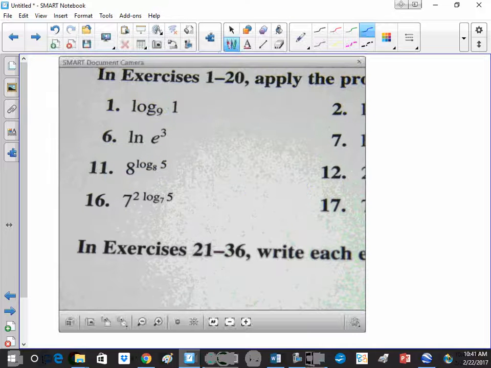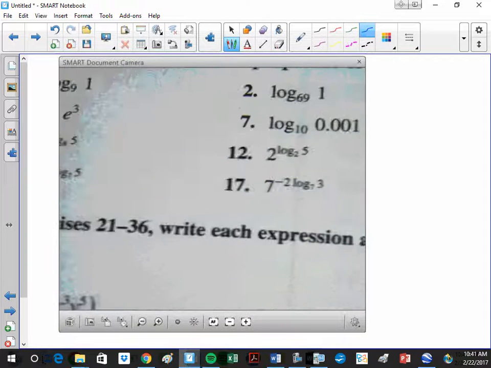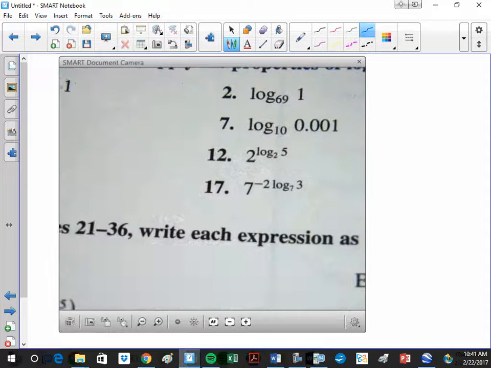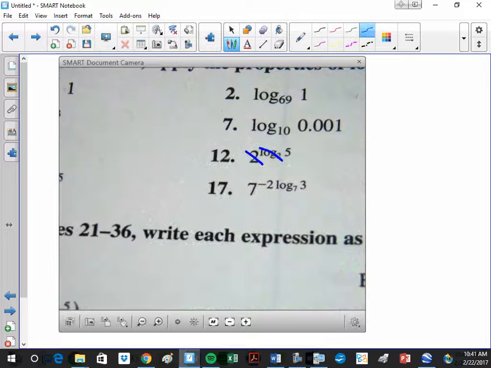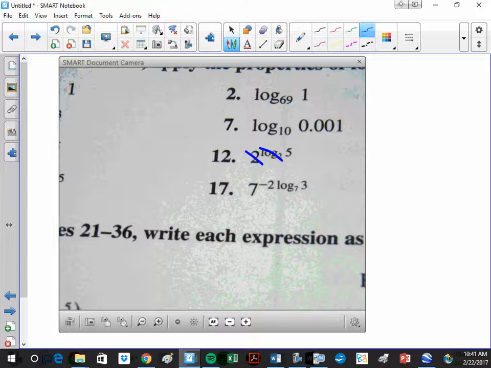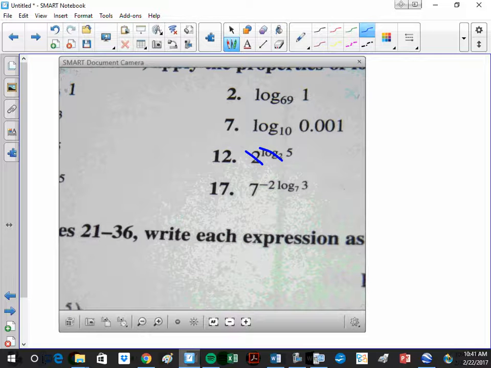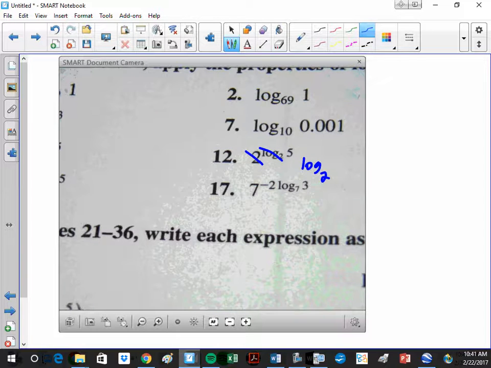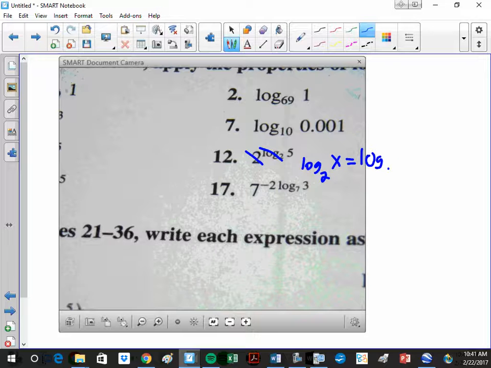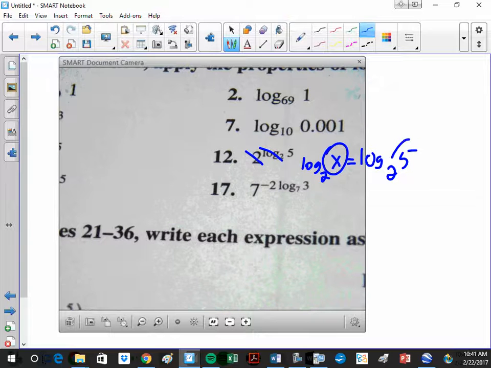So if you look at number 12, the answer is 5, because essentially those cancel. No, that's not totally true, but when we rearrange it, we get log base 2 of the unknown is log base 2 of 5, so this and this have to be the same number.